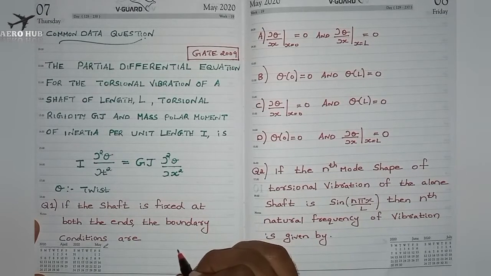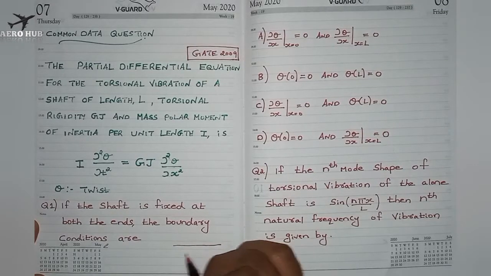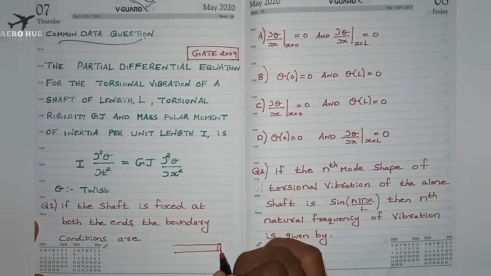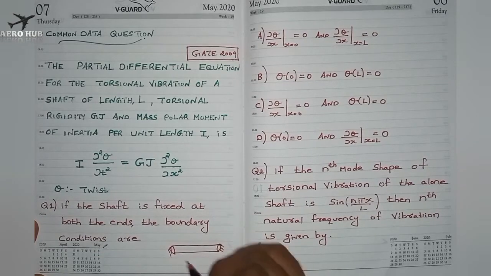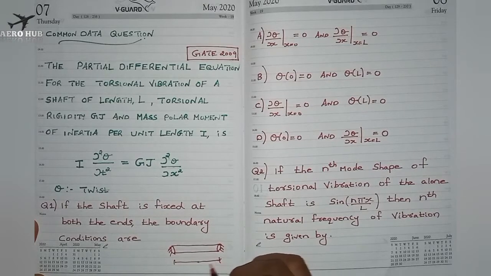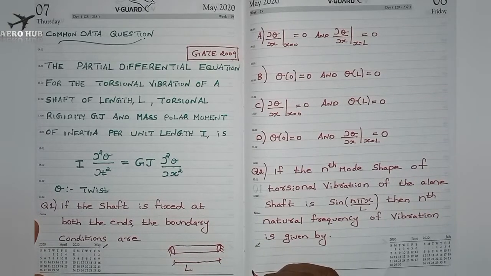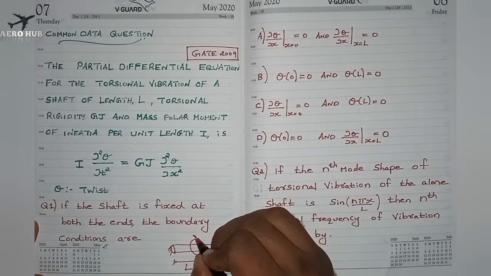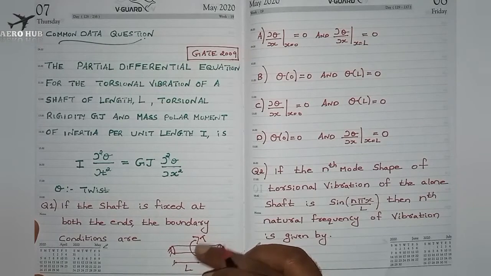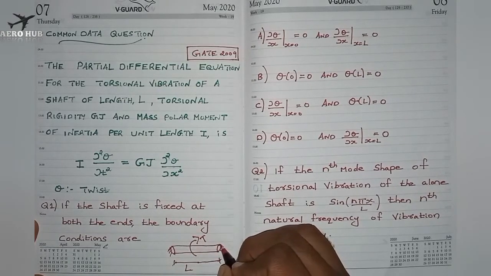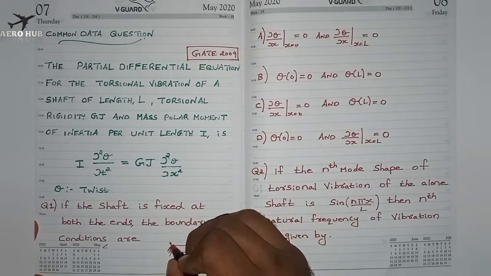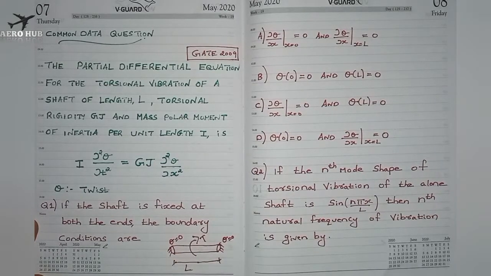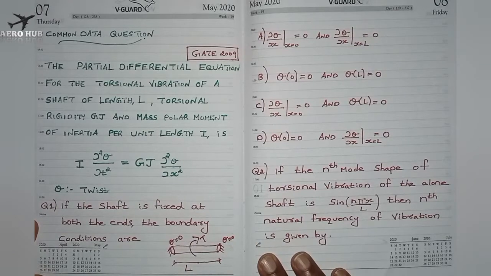You have to understand, we have a shaft of length L, and this shaft is fixed at both ends. When the shaft is fixed at both ends and a torsional load is applied, the value of the angle of twist θ at both ends will be equal to 0.